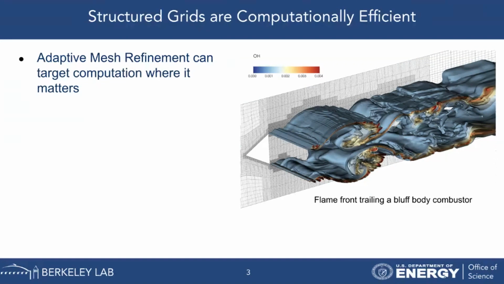The reason is that these things are relatively easy to calculate on, and we have tools that adapt resolution to target where our computation happens. So for things like this flame front I've got an image of here, we can refine automatically around regions of interest where physics are happening, and in coarser regions do far less computation.